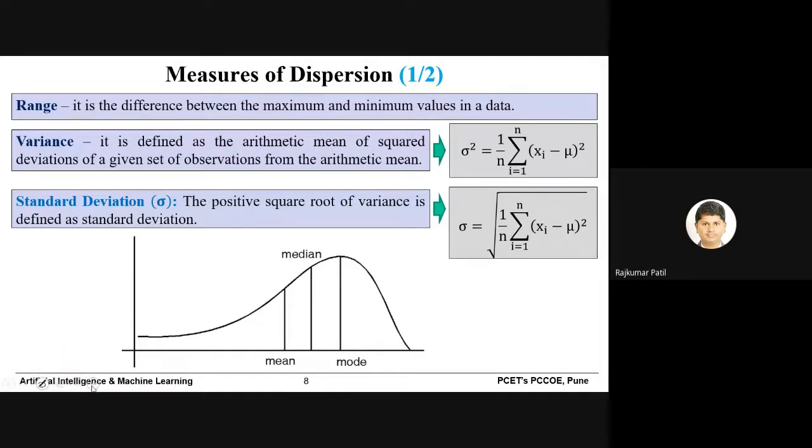Suppose you are designing a gear, and in that gear you are expecting the pitch circle diameter of the gear to be 80 mm, let's say. As per your design, the pitch circle diameter of the gear should be 80 mm, and you want to manufacture 1000 such gears.